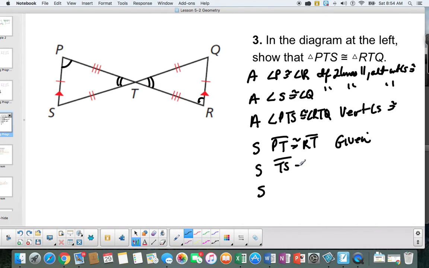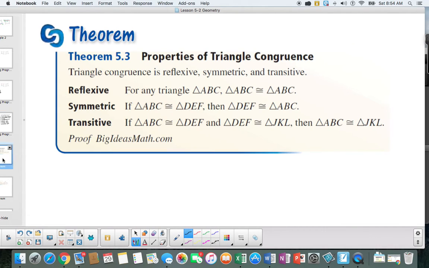TS congruent to TQ, that's given, and PS congruent to RQ, and again that's given. So I've done my job. I've shown that all pairs of angles and all pairs of sides are congruent, therefore rigid motion did take place, and therefore they're congruent.